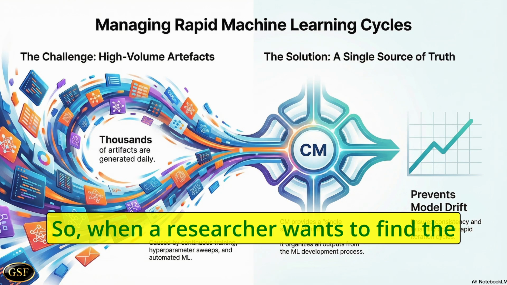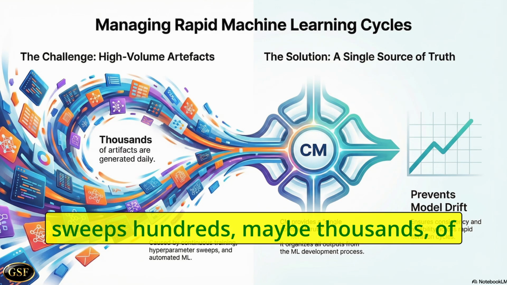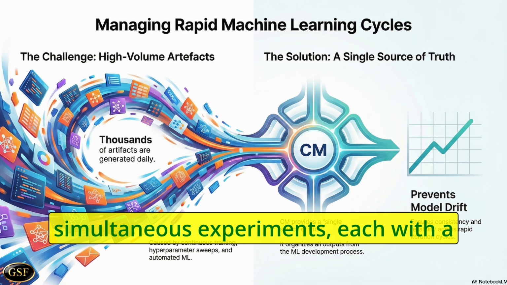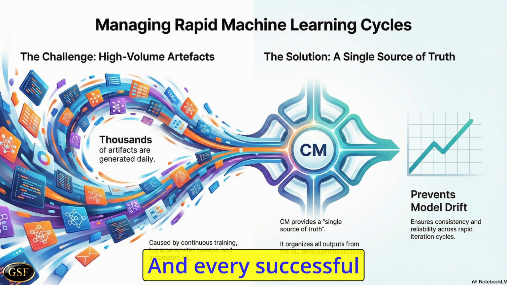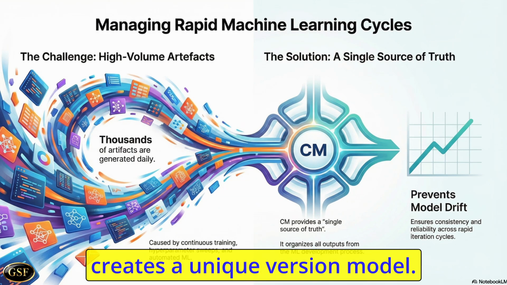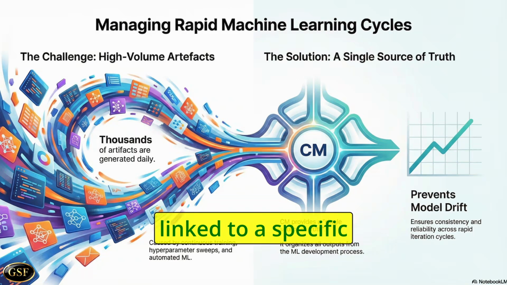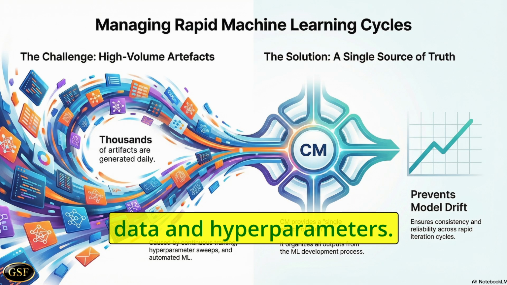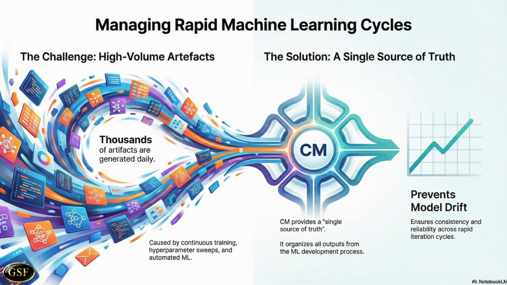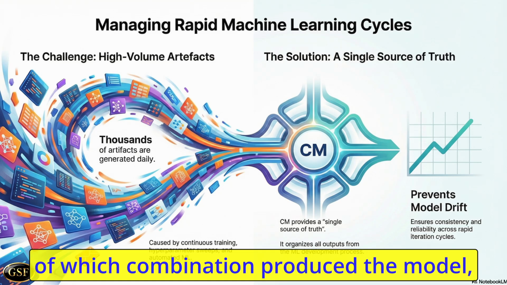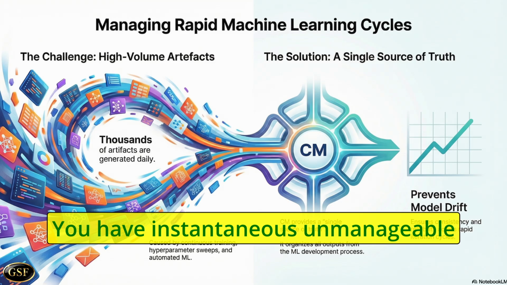Got it. So when a researcher wants to find the best performing model, they run these automated sweeps, hundreds, maybe thousands of simultaneous experiments, each with a different combination of those parameters. And every successful one of those experiments creates a unique versioned model artifact, linked to a specific configuration of training data and hyperparameters. So if you're generating thousands of versioned artifacts per day, and you lose the precise record of which combination produced the model you have in production, you have instantaneous, unmanageable drift.